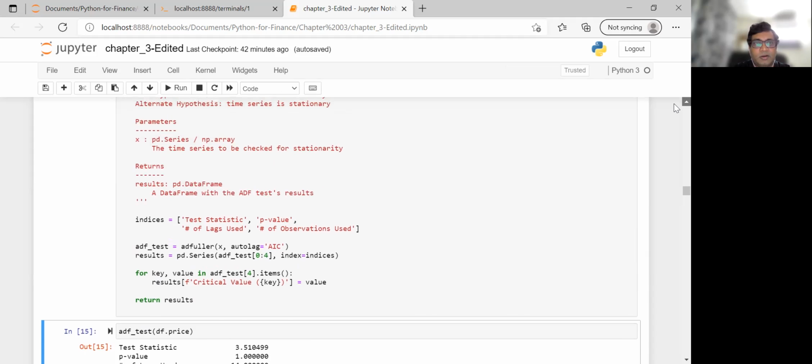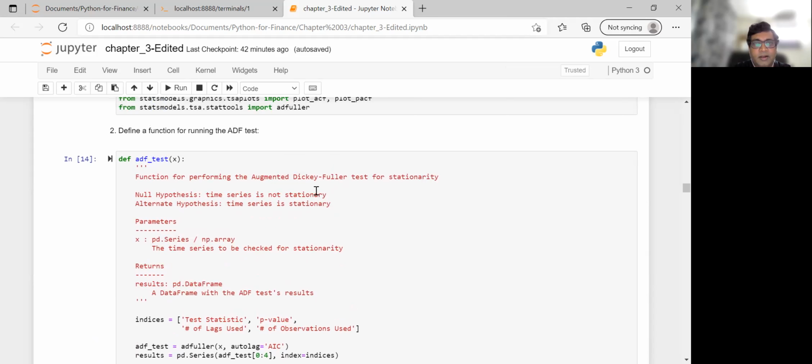Now, if you see in this particular augmented Dickey Fuller test, the null hypothesis we say is time series is not stationary. Alternate hypothesis is time series is stationary. So if we have to reject the null hypothesis, we need to have a p-value which should be less than 0.05, which is at 95% confidence interval. Again, all of these are statistics, and we need to know all this.